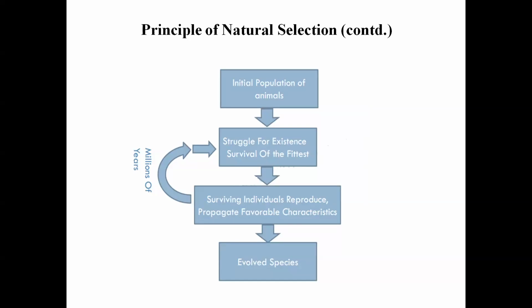In this process, it takes a number of years. Depending on how many iterations, the struggle for existence and the survival into the next generation keeps on repeating, and every time you get a set of evolved species. This is the general concept of the principle of natural selection.